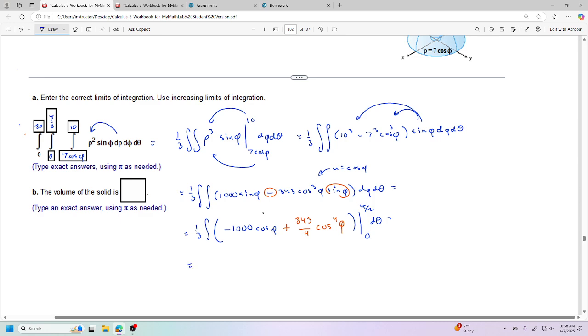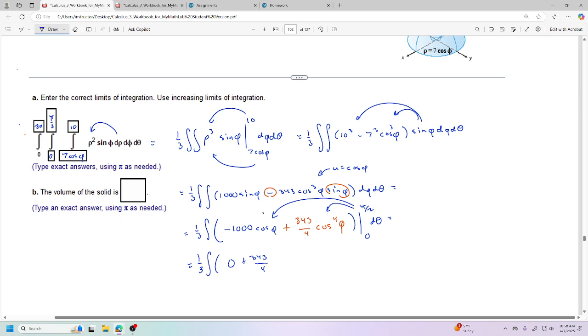Okay. When I'm plugging in the pi over 2, cosine goes to a... No, I'm plugging this in. So at 90 degrees, what's my x value? And then I plug it in right here, I get a 0. So then I basically just say this here.